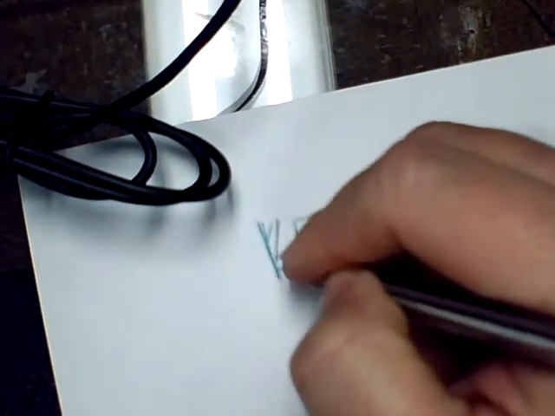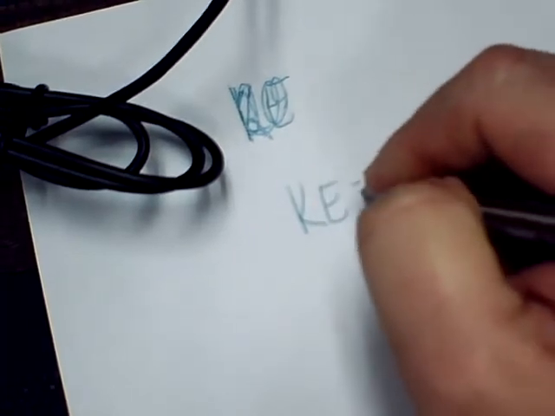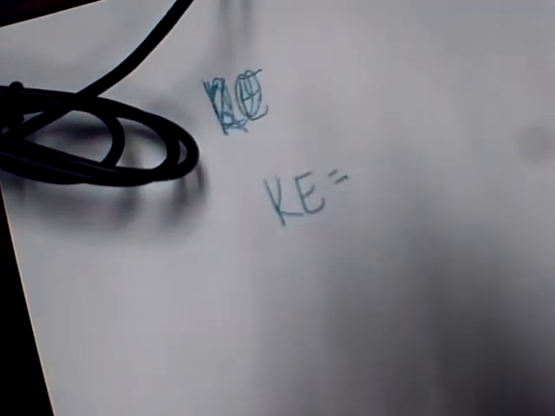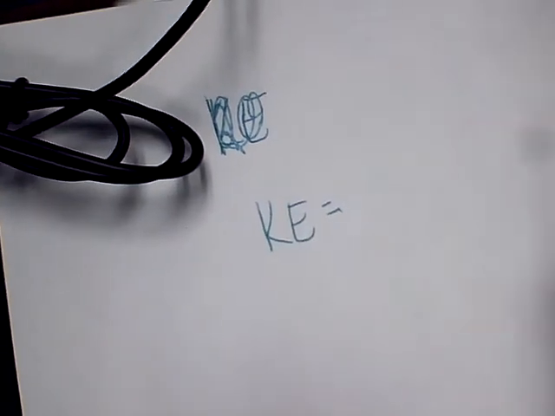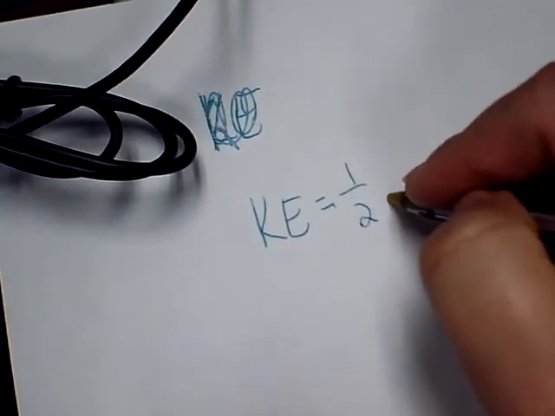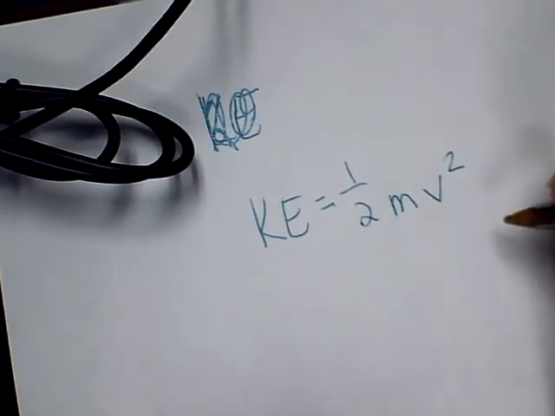Alright, so remember, let's just erase it and start over. Kinetic energy, let me see if I can get it clear. There we go. Kinetic energy is equal to 1/2 of the mass times the velocity squared. Okay?